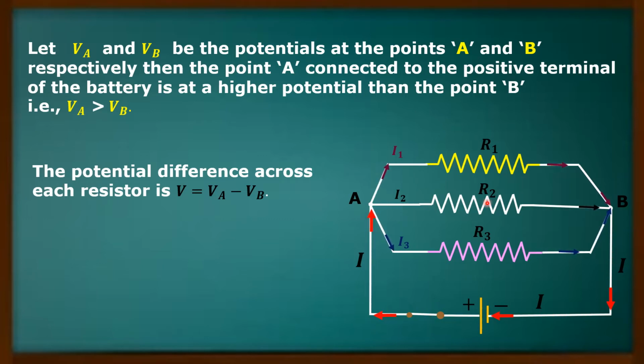Across the resistors R2 and R3 also the same potential difference has been applied. Even though the same potential difference has been applied across each resistor, the currents flowing through them are different because of the different resistances they are having.